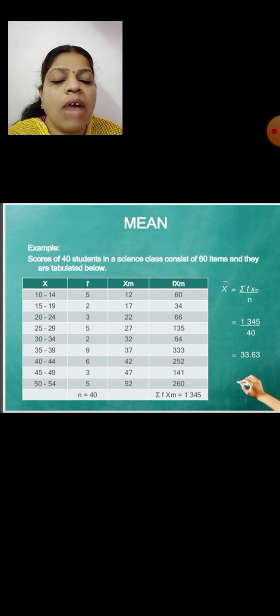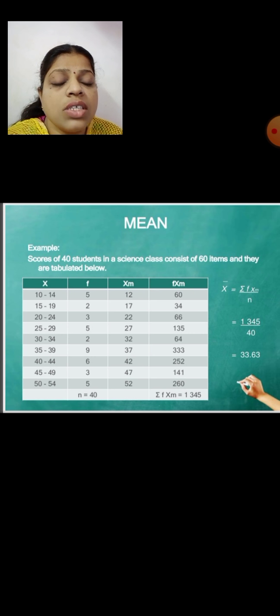Now we have to calculate the mean. X bar equals sigma fxm divided by n. That is 1345 divided by 40. We know that small n equals 40.